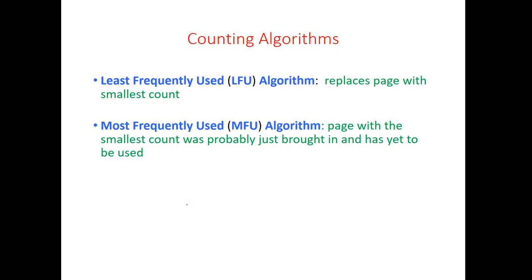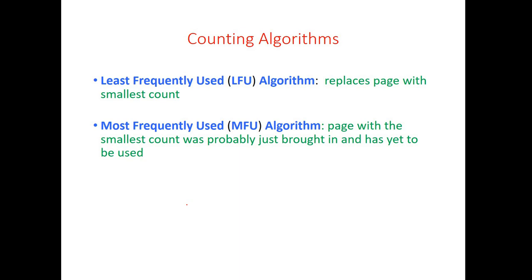The least frequently used algorithm replaces a page with the smallest count. That indicates that this page is less required in future. That is the assumption made in the least frequently used algorithm. In the most frequently used algorithm, a page with the largest count will be the target frame.